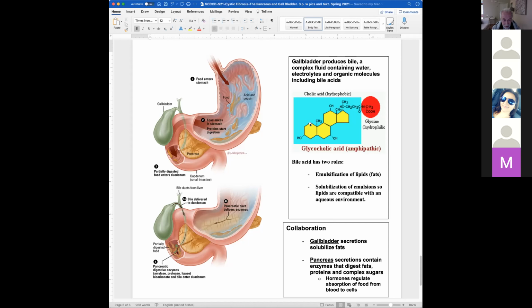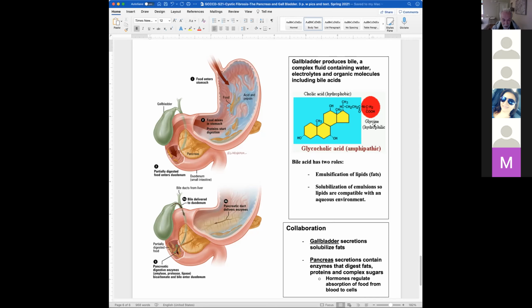It's a steroid. You can see that from the structure. However, if you attach an amino acid, glycine, to this nonpolar compound, it now becomes what's called amphipathic. Amphipathic means that it has a nonpolar end and a polar end.